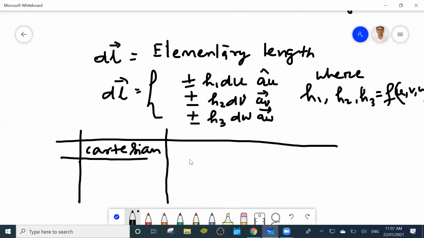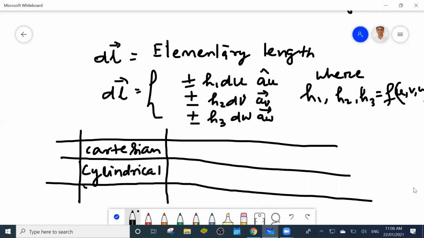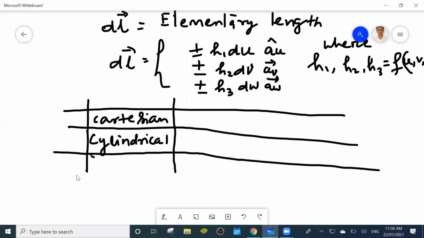Then the other one is cylindrical. Then next one is spherical. So if anyone will ask, there are three coordinate systems: Cartesian, cylindrical and spherical.